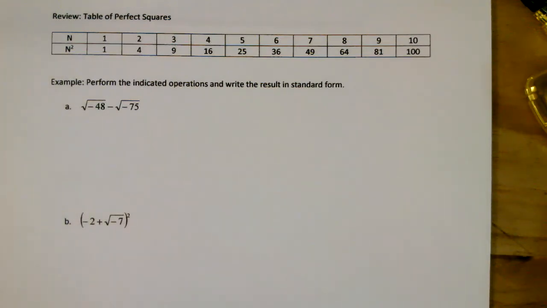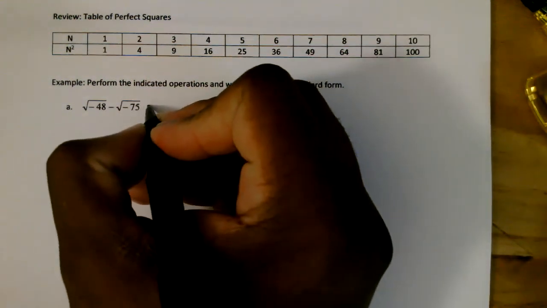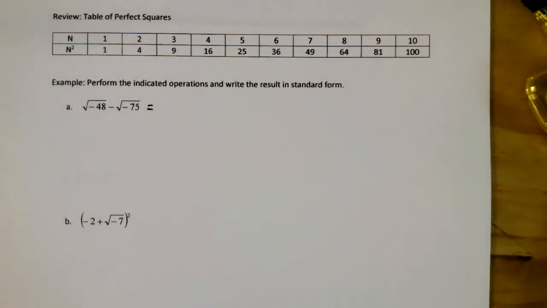Here we're going to perform the indicated operations and write the result in standard form. Here we've got the square root of negative 48 minus the square root of negative 75. All right, in this case, we need to first write these in terms of i. In other words, we need to pull the i out from underneath the radical.